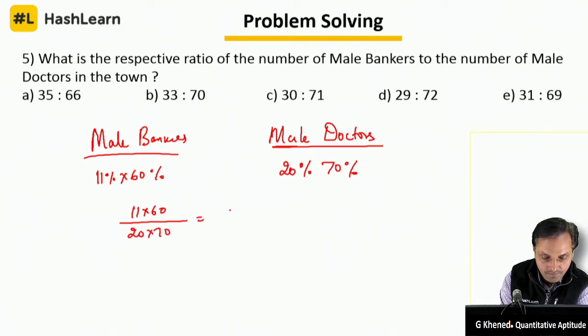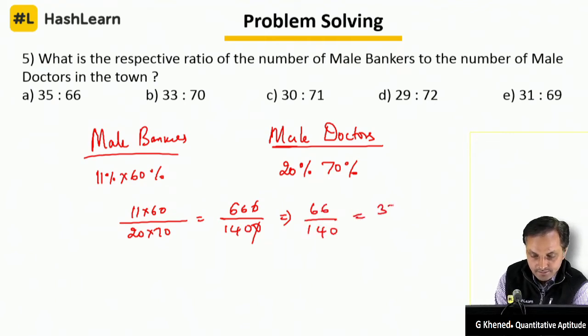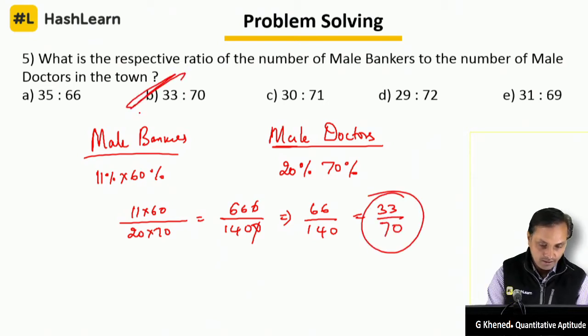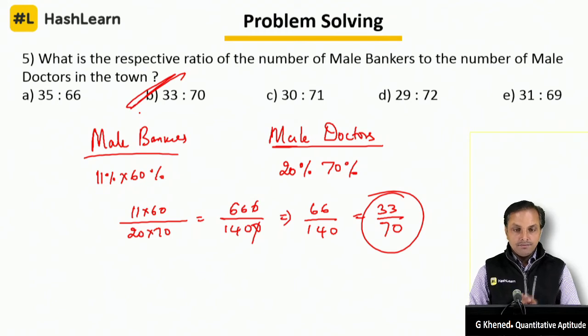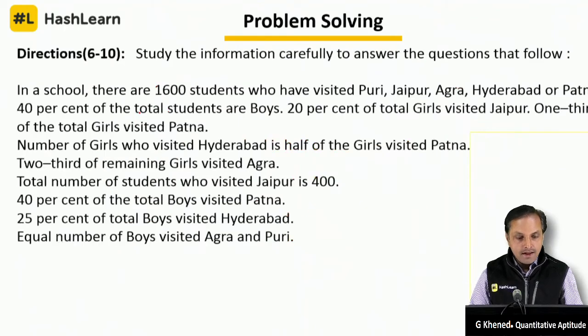When you do it, you can cancel, so 66 by 140, that will give you 33 by 70, which is there in option B. Okay, fine. Let us come to the next problem.